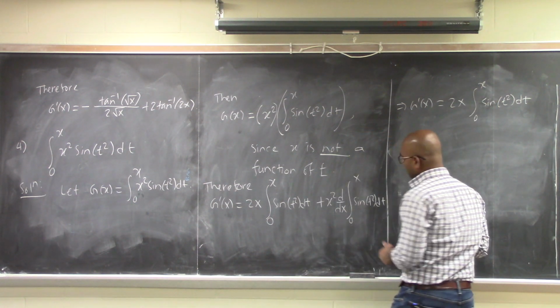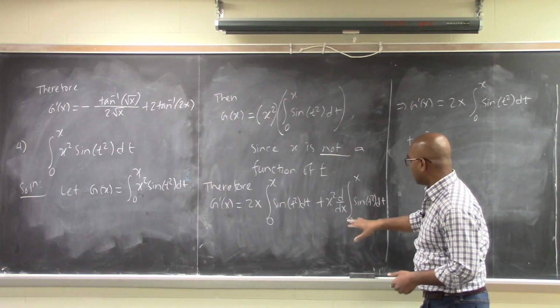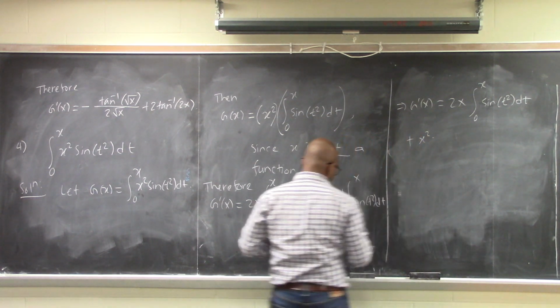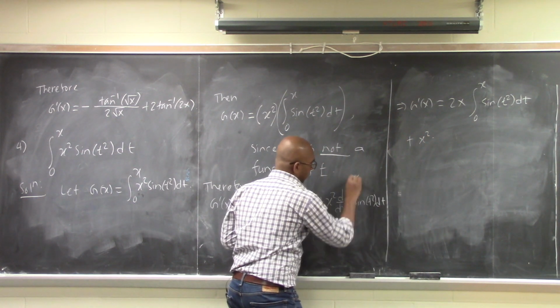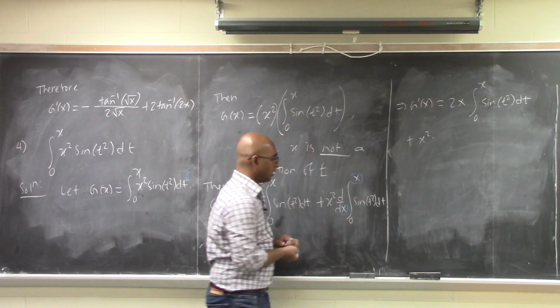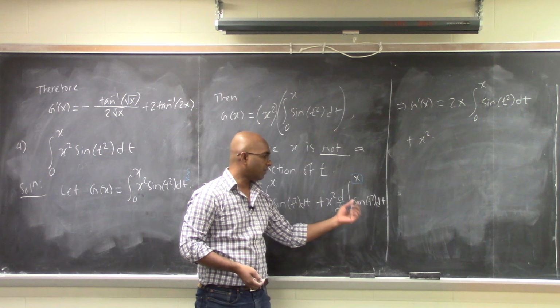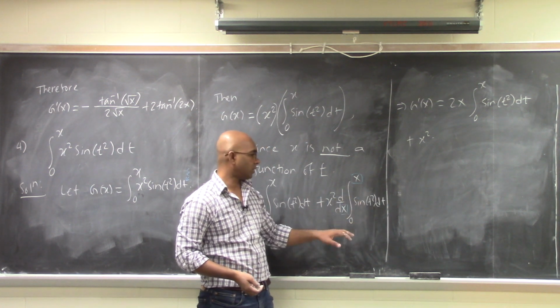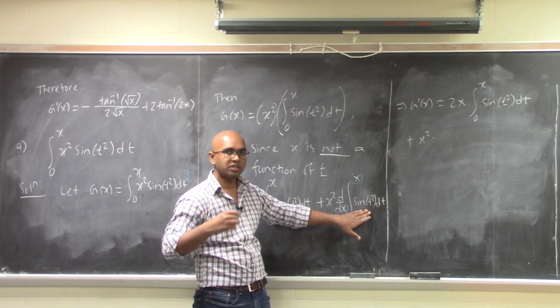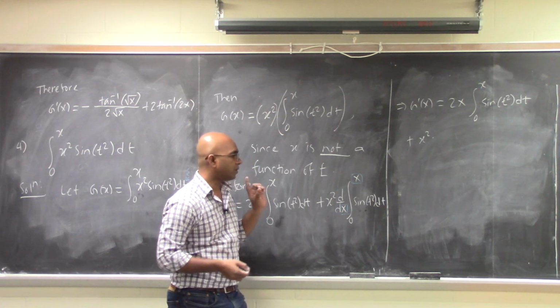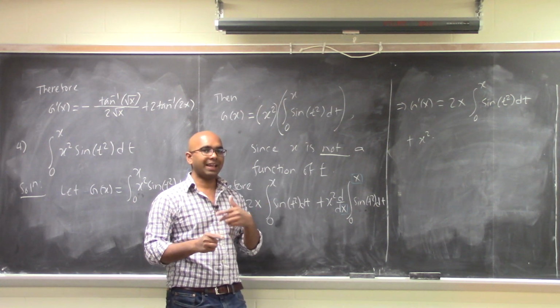Now this is, you have x over here, x over there, right? So the derivative of the integral will be the integrand evaluated at x. Okay, now what is the integrand? Sine t squared. So you have to replace t by x.